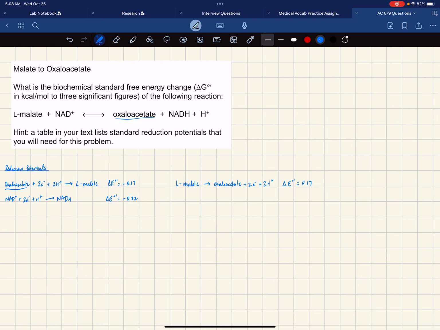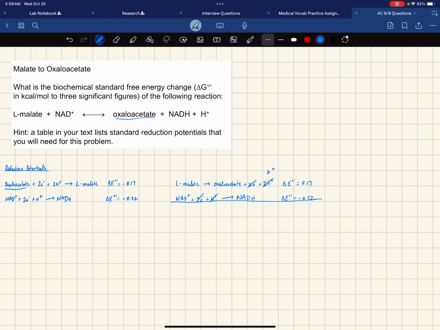And then the bottom equation can stay the same, NAD plus 2E minus plus H plus going to NADH. And my delta E naught prime, that's going to be the same at negative 0.32. So when you do this equation, the electrons will cancel out, this hydrogen will go away, you'll have one H plus left over here.